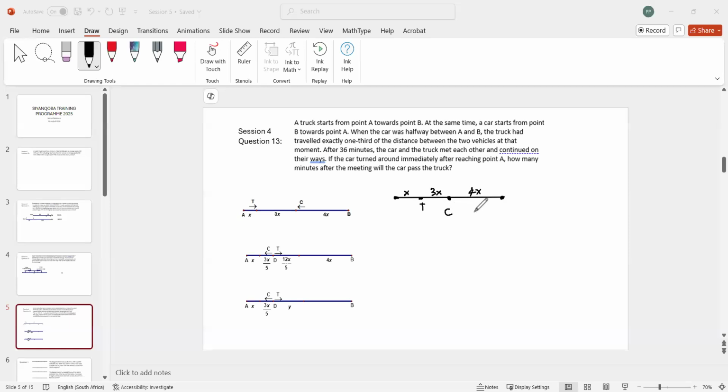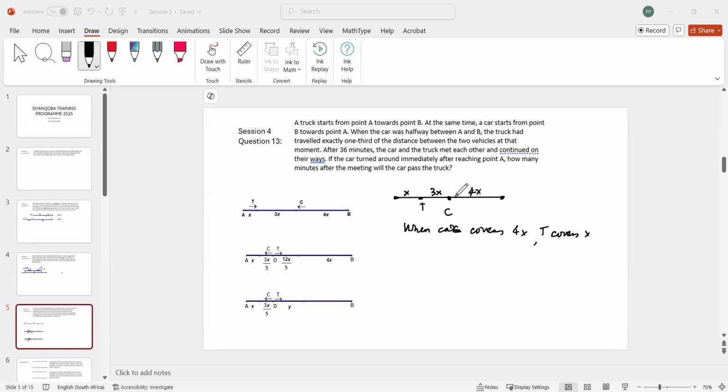All right, so now we've got the situation. What is very important here is that when the car covers 4x, the truck covers only x.